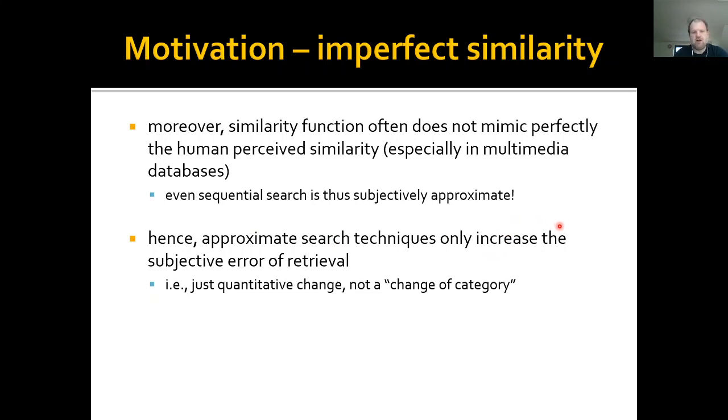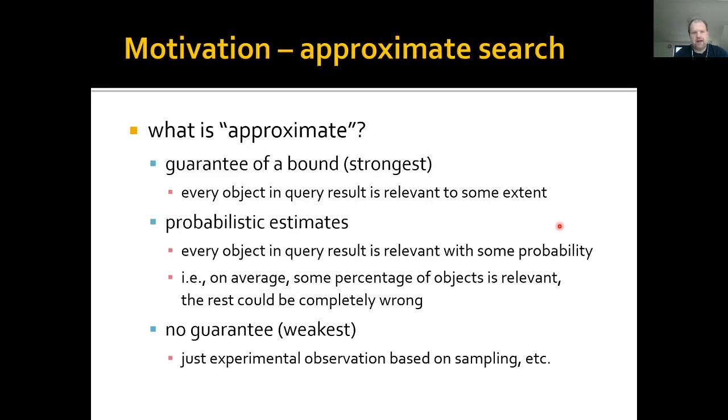Of course, it cannot be an unbounded, uncontrolled loss of precision. We can talk about different types of approximate search where we control how far the approximation goes from the exact search. And that's what we discuss now.